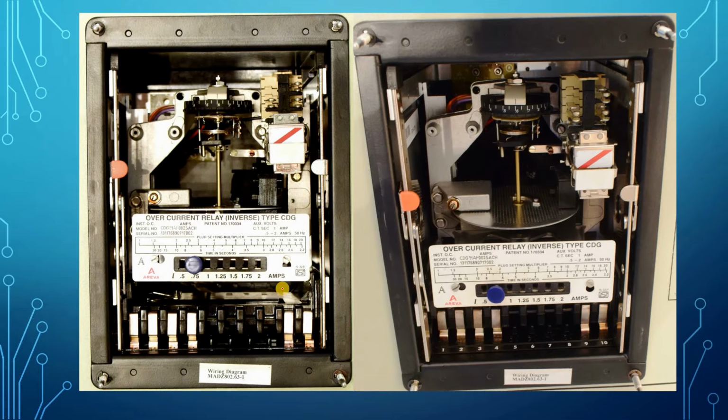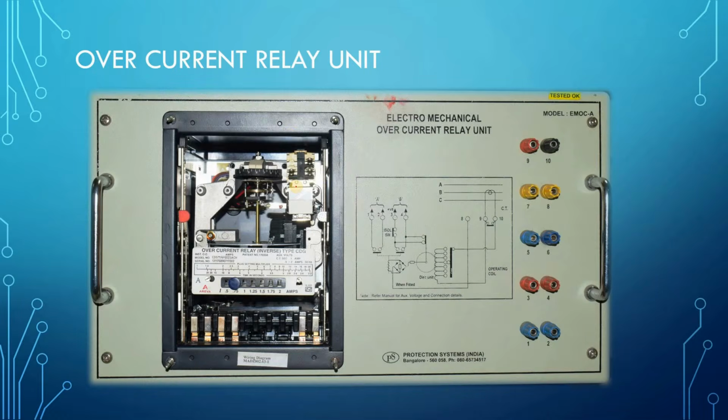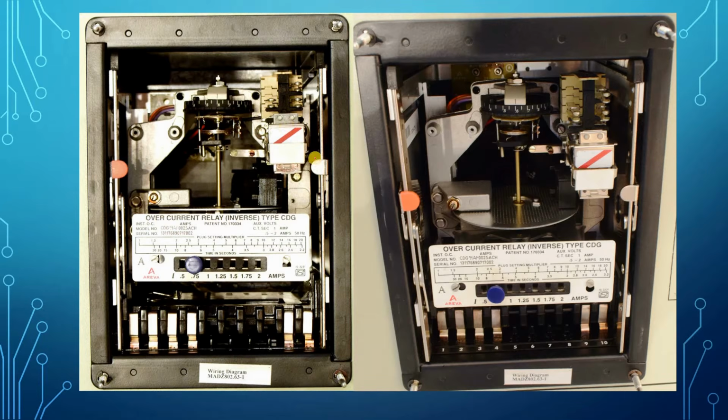Also, you can see this is the trip signal indicator of the relay. Now this is indicating the relay has tripped. This is a flap. In normal operating condition, you have to shift this flap to this position by a knob.